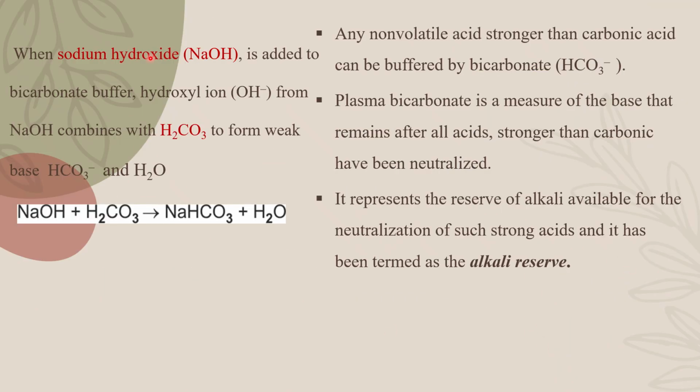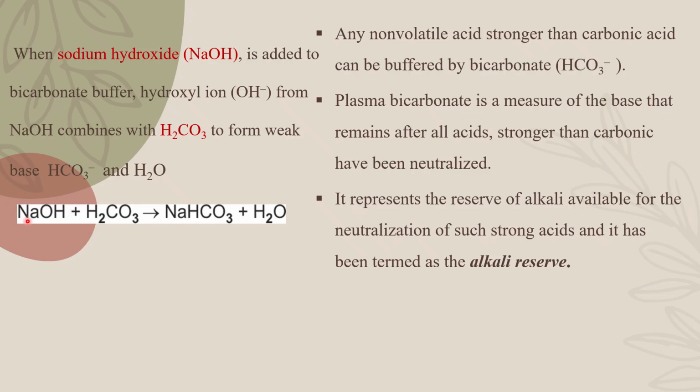When sodium hydroxide is added to the bicarbonate buffer, what will happen in that situation? Suppose this is the sodium hydroxide and there is carbonic acid. How does it maintain the pH? The sodium hydroxide combines with the carbonic acid to form sodium hydrogen carbonate and water.